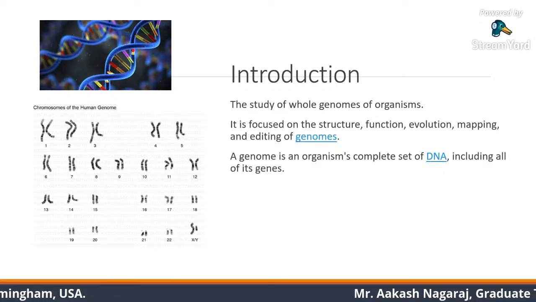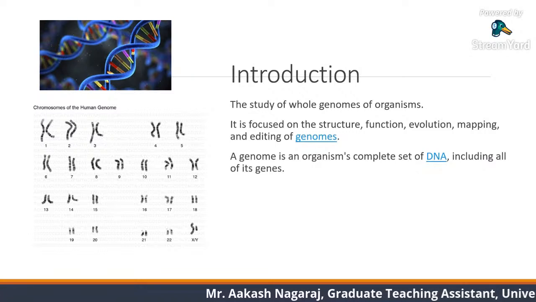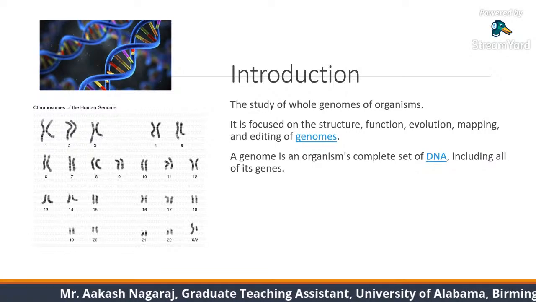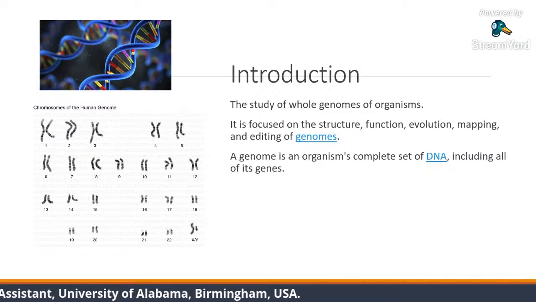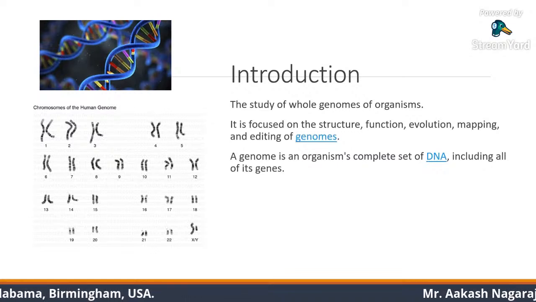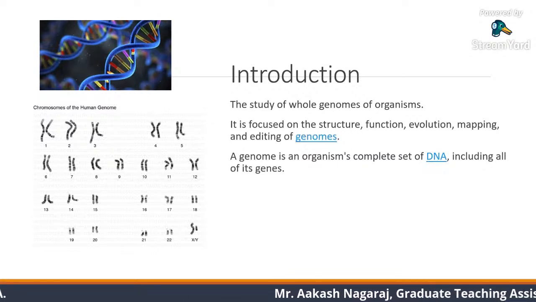So human beings have 23 pairs of chromosomes, and 22 of those are autosomes, and one is a sex chromosome, one pair of sex chromosomes.